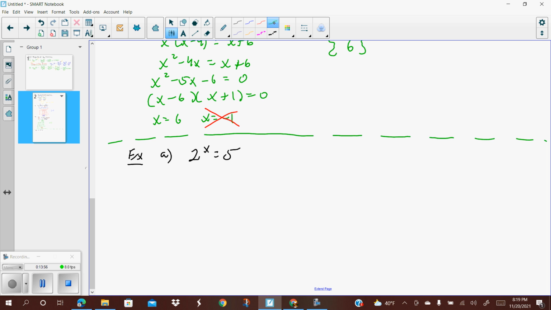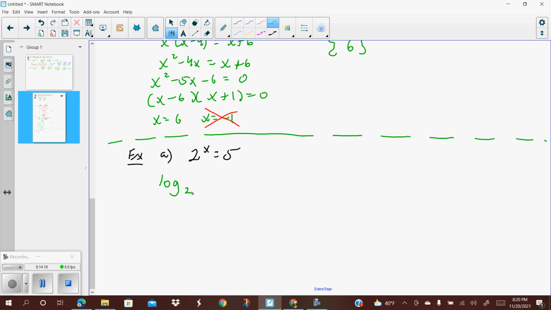So we want to get the x out of the exponent, which means we want to create a log. So we're going to write the log. Remember that the base of the exponential is the same thing as the base of the log. The base of the exponential is the 2. It's the thing that you're raising something to a power of. So it's base 2.